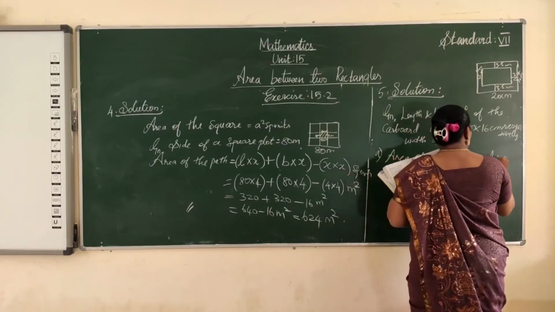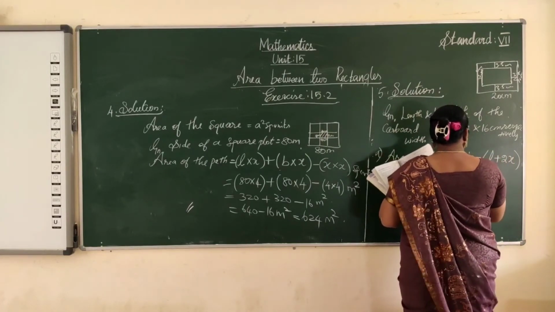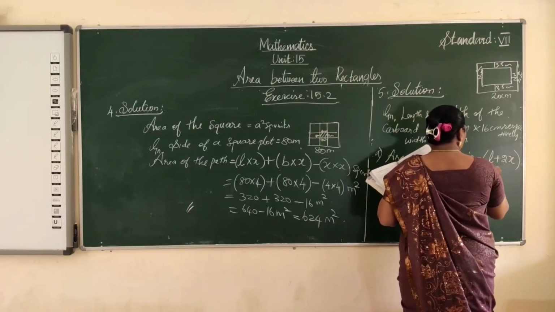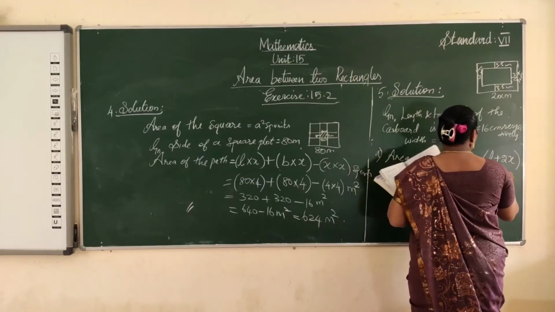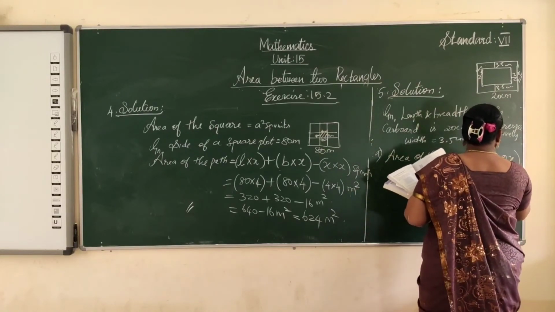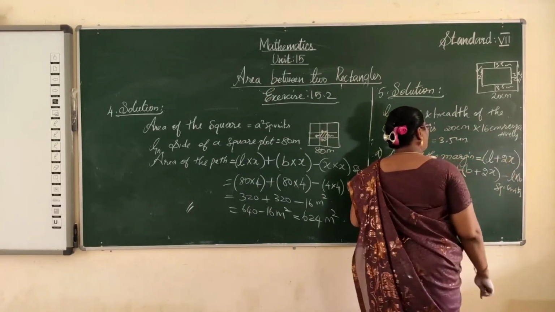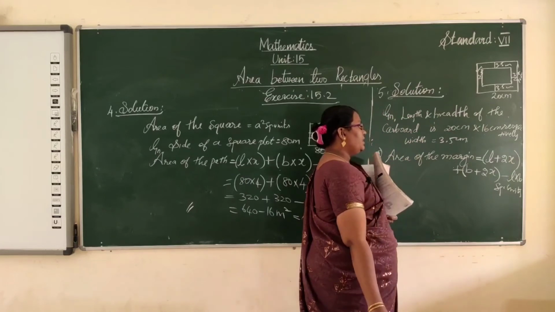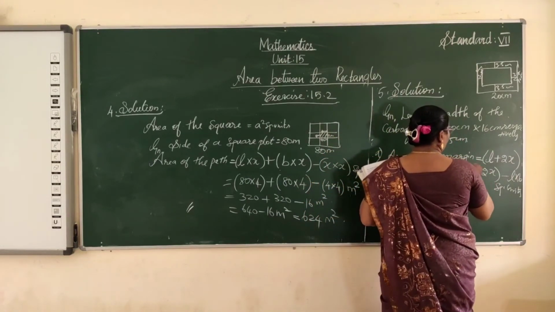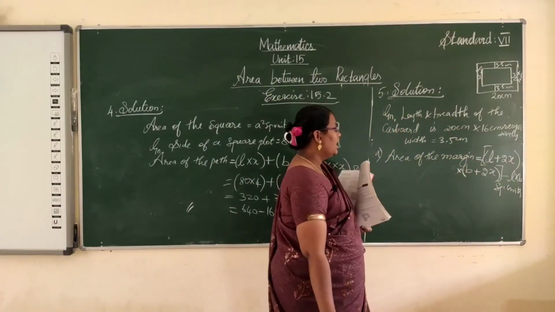(L plus 2x) into (b plus 2x) minus L into b square units. So L plus 2x into b plus 2x means the area of the outer rectangle minus area of the inner rectangle.